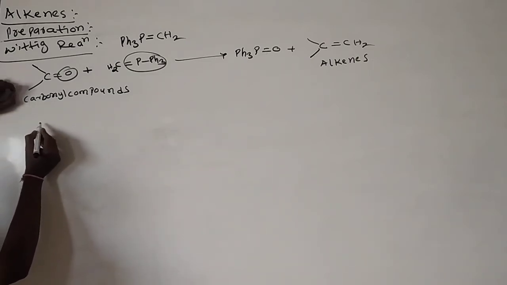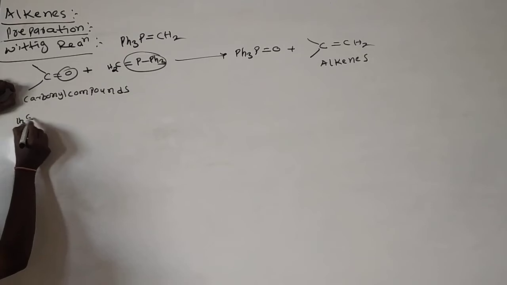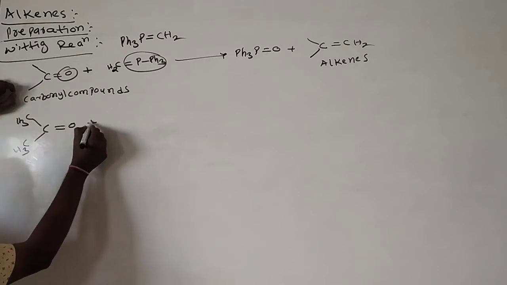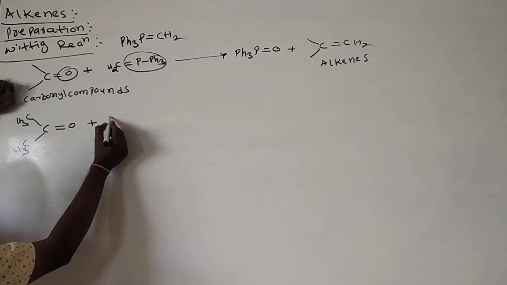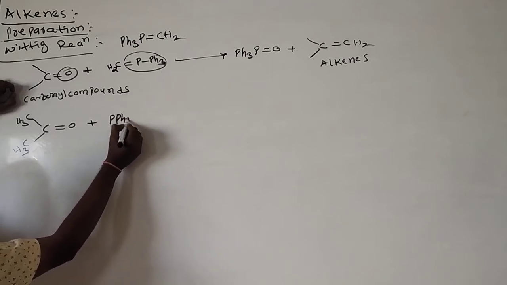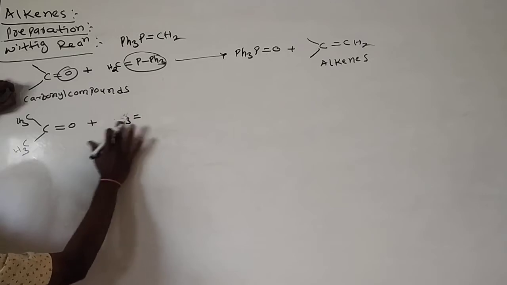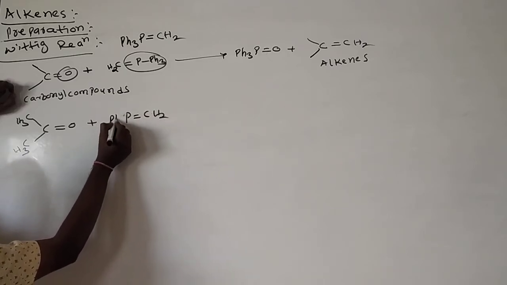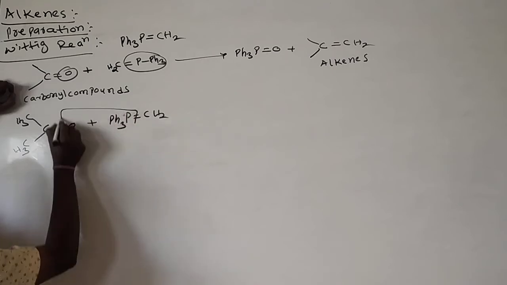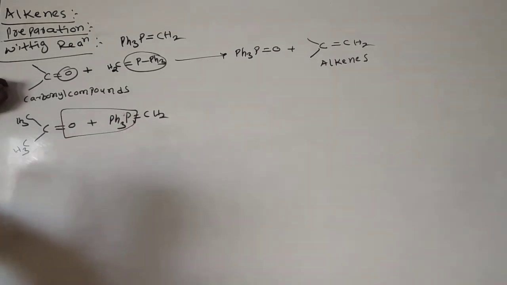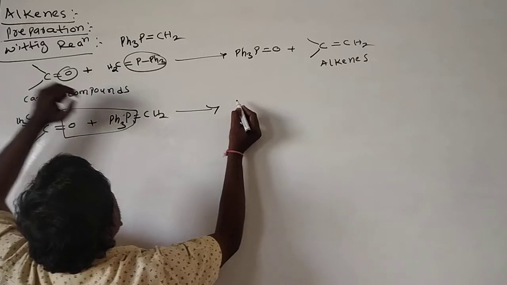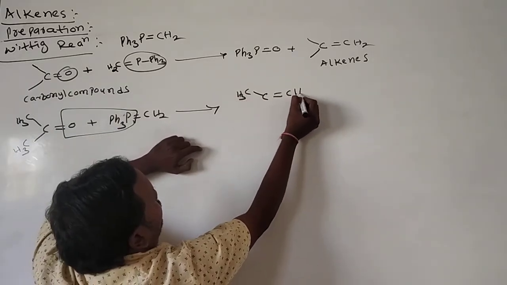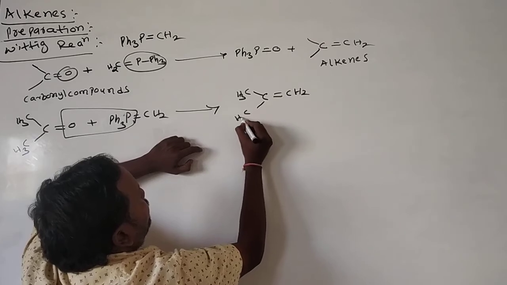Here I am taking one simple molecule, acetone, CH3, C double bond O, CH3. It reacts with Ph3P double bond CH2. Here this molecule is released and forms CH3, C double bond CH2, CH3.